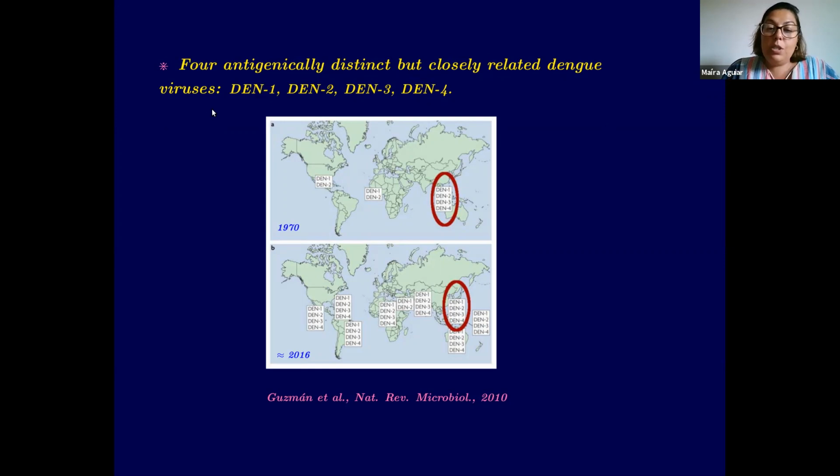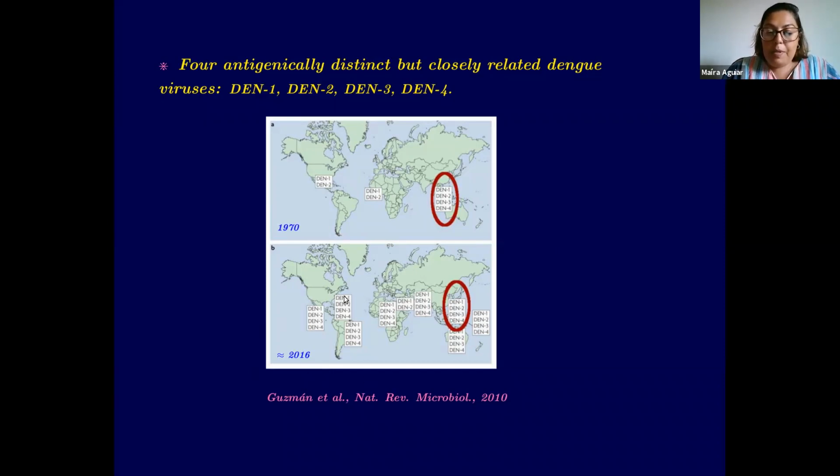So those 4 antigenically distinct viruses are called dengue 1, 2, 3, and 4. And in this map here, you can see how fast those serotypes have spread around the world. This is the global distribution of the serotypes in the 1970s and up to date. And you see that it was very fast.